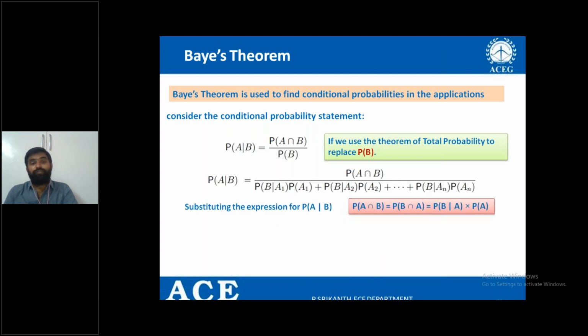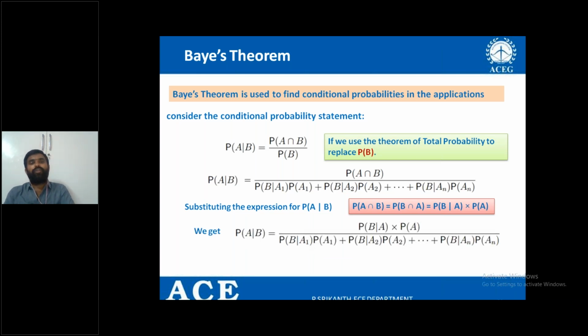Now we know that P of A intersection B, or P of B intersection A, is also equal to P of B given A into P of A. If I substitute, we get P of A given B equal to P of B given A into P of A. I'm just doing a simple substitution, eliminating the joint probability to represent the conditional probability P of A given B in terms of other conditional probabilities.